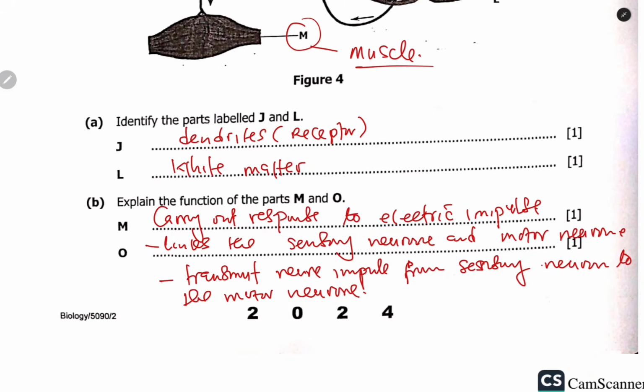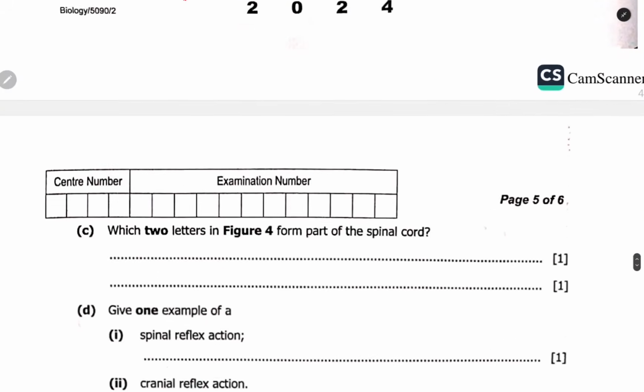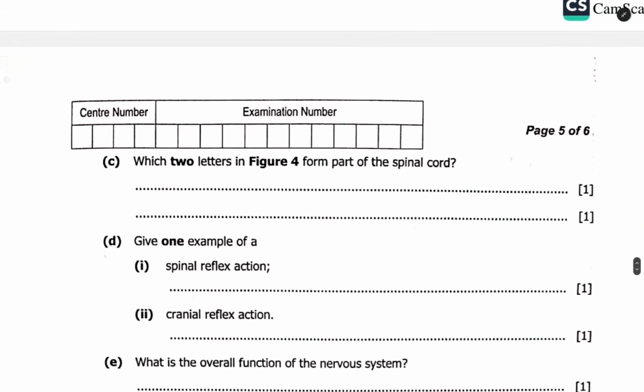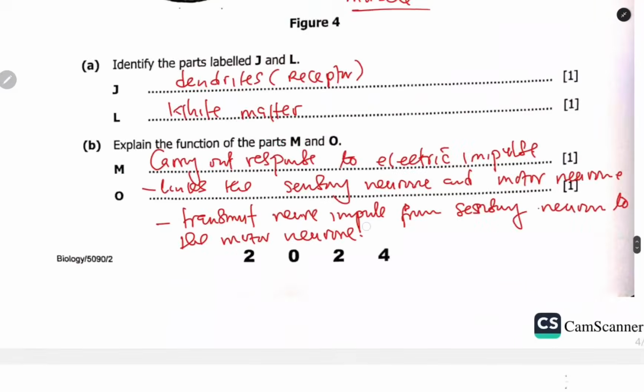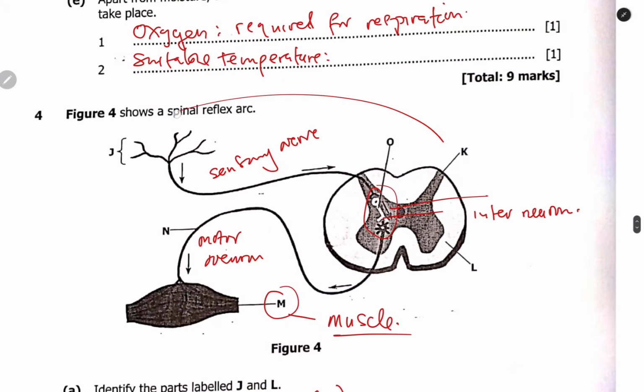Okay, so I guess you've gotten this part. Then of course now we are saying which letters in figure 4 form part of the spinal cord. So which letters in this figure form part of the spinal cord?